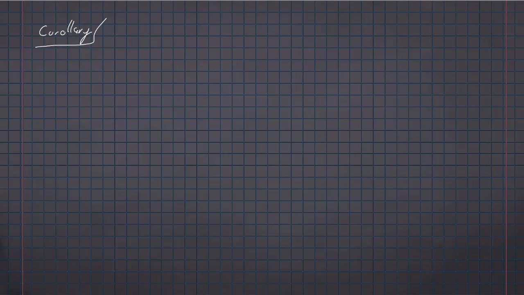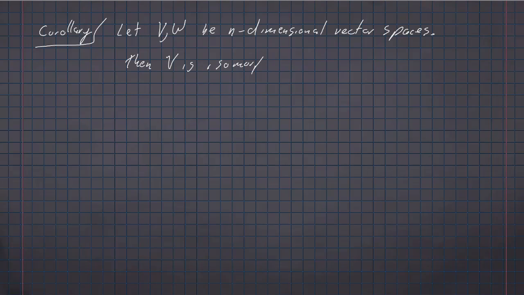Now that we've got that, how about a corollary? It turns out that all we need is to have two vector spaces of the same dimension in order for them to be isomorphic.